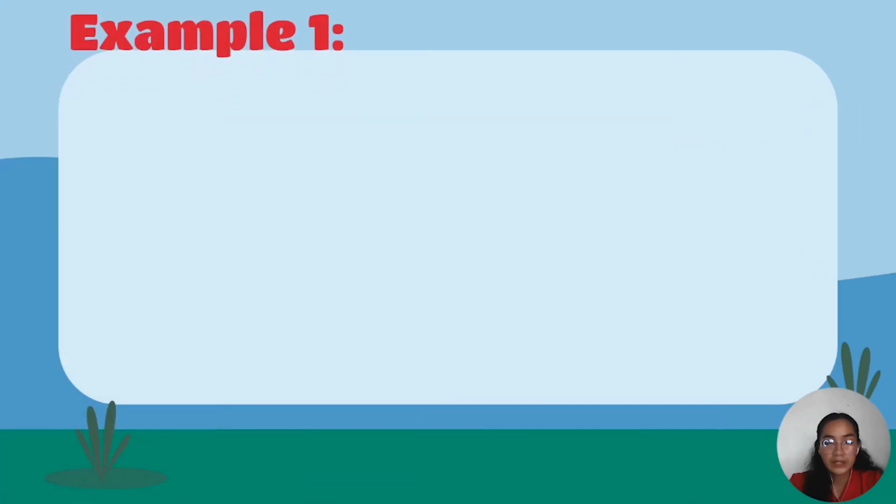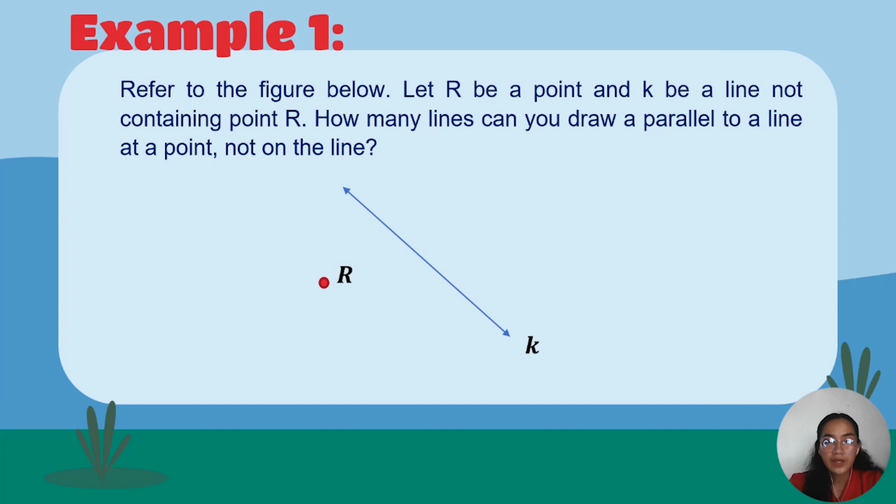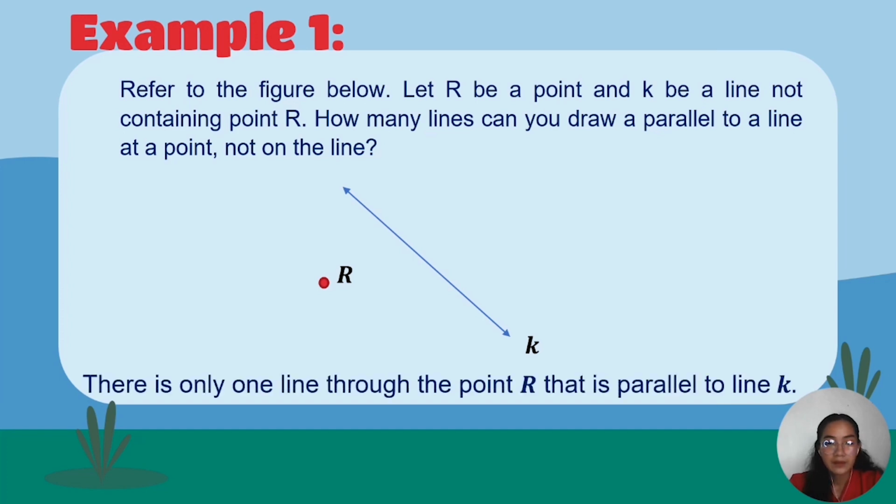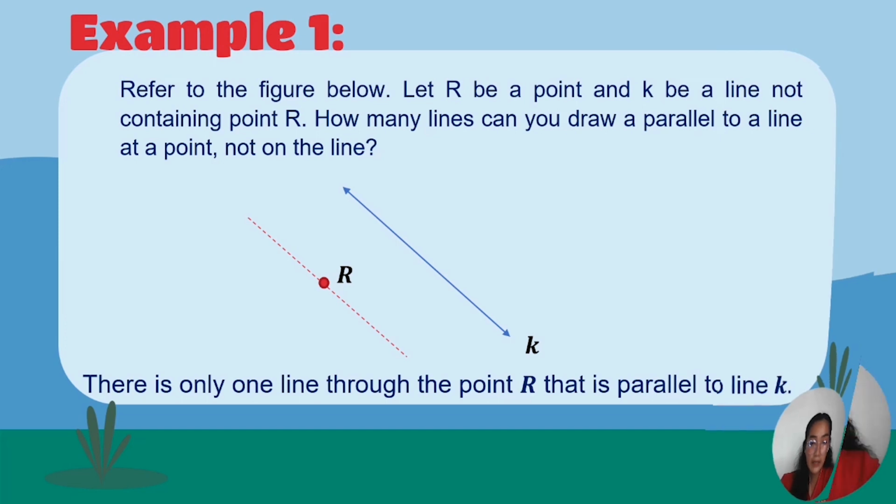Example number 1. Refer to the figure below. Let R be a point and K be a line not containing point R. How many lines can you draw parallel to a line at a point not on the line? What do you think? Okay, there is only one line through the point R that is parallel to line K. Let's see if our answer here is correct.